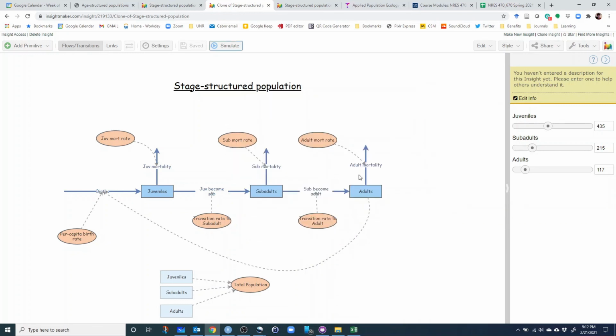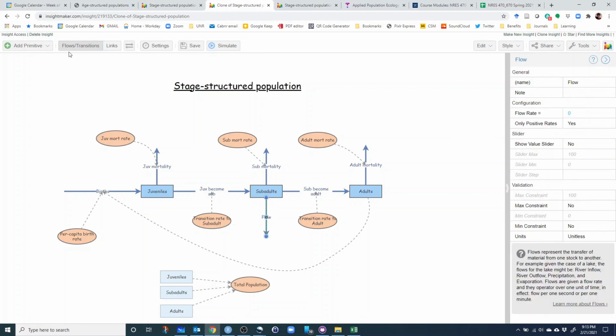So the next step is, let's imagine a supplementation program, where we have designed a program to captive breed this species and release them at the subadult stage, which means we're going to need to add another flow in this. This is going to be a flow into the population, and we'll call it supplementation.